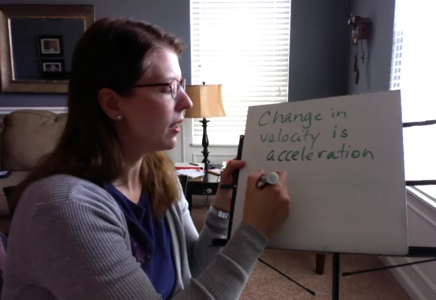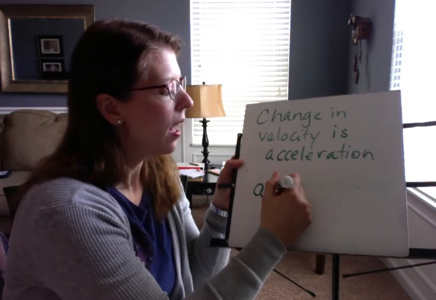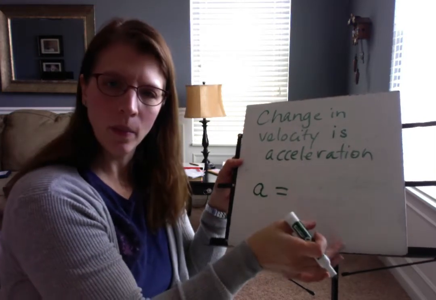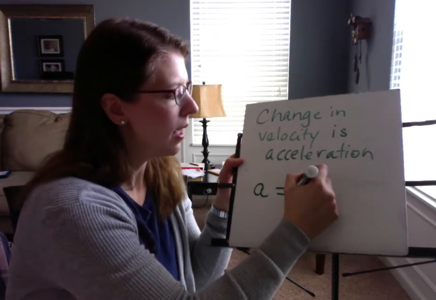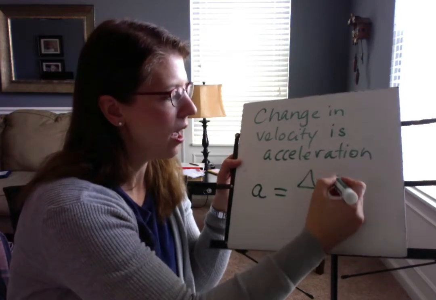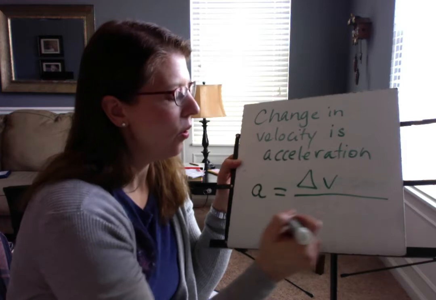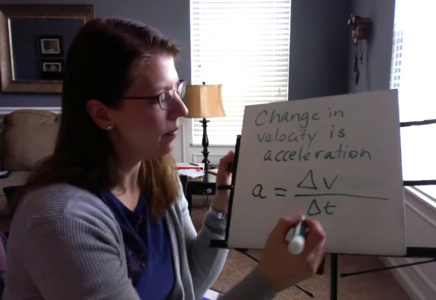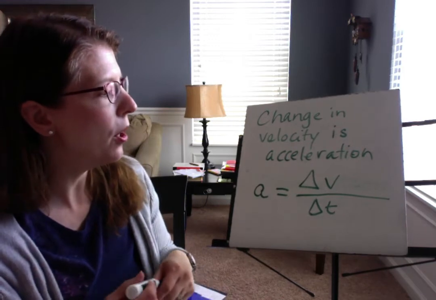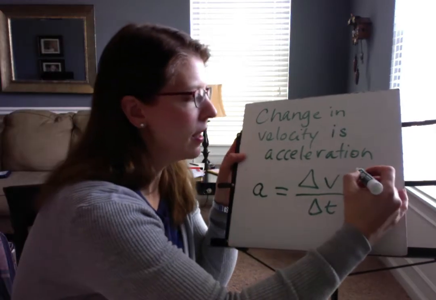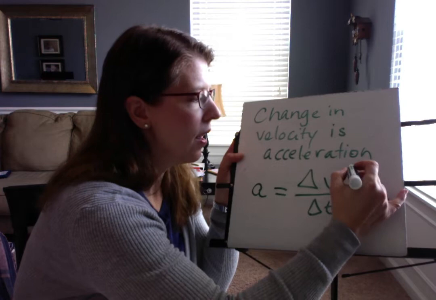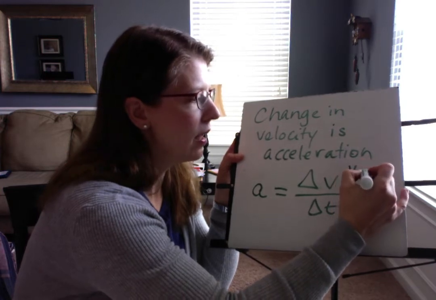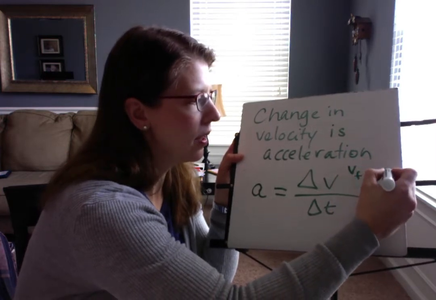We're going to say that acceleration is A, and remember our symbol for change in is delta, change in velocity over a change in time. Okay? So the book writes this differently. It calls this final velocity minus initial velocity.